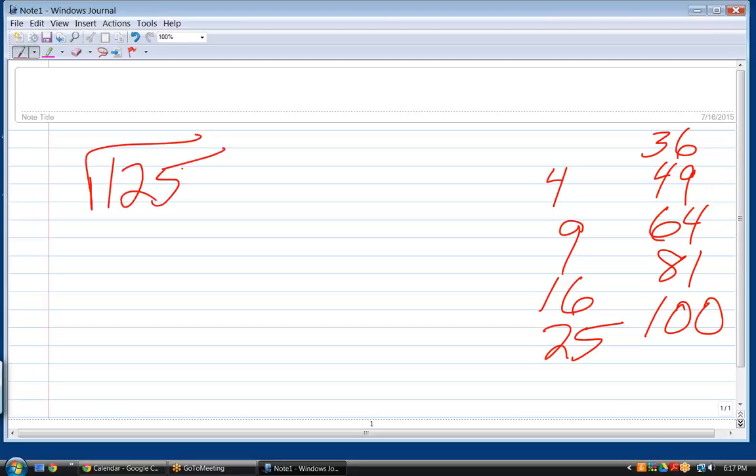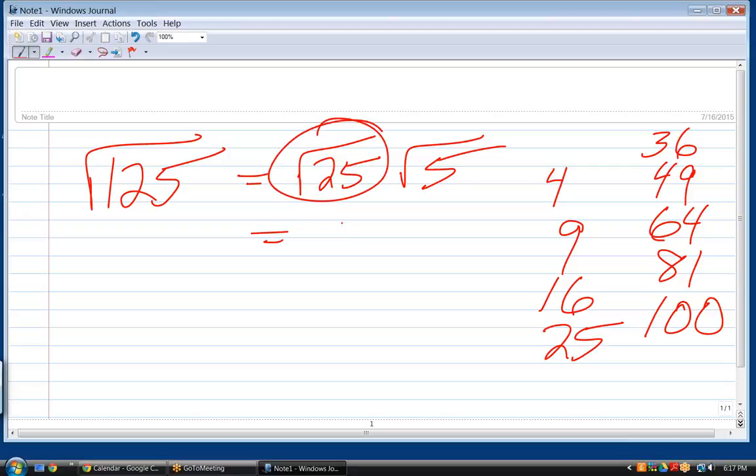How about that? By 25. Okay, what are the two factors if 25 is one of them? 25 and 4. How many quarters make up $1 and a quarter? 5. And then that becomes 5 times 2, so that's the answer.